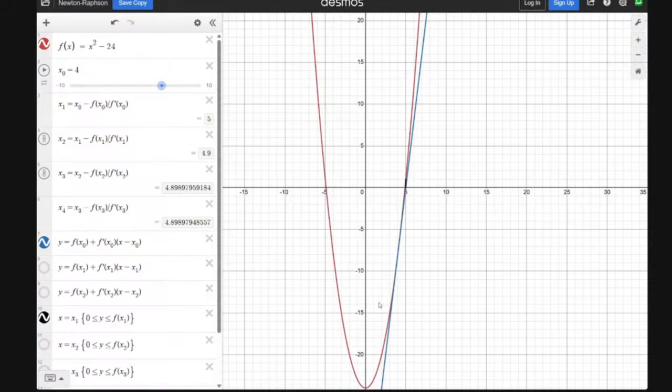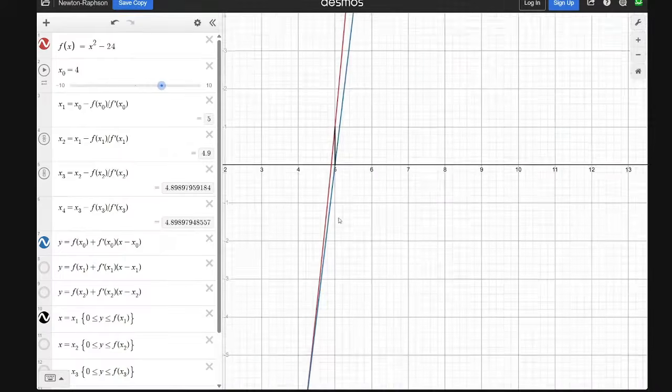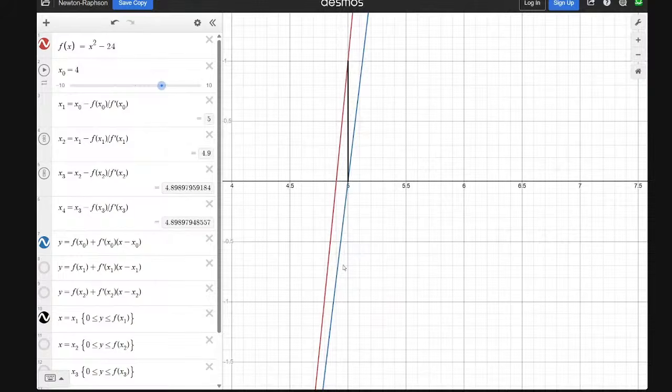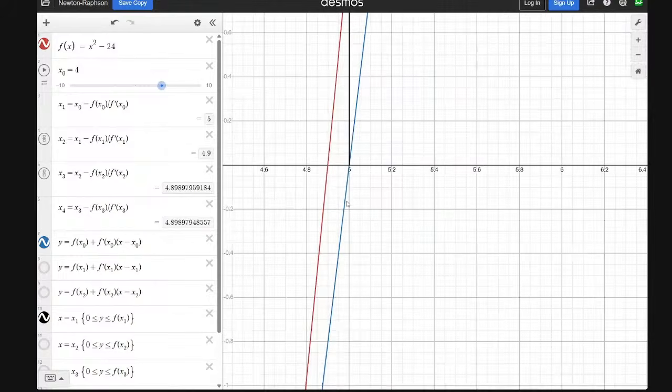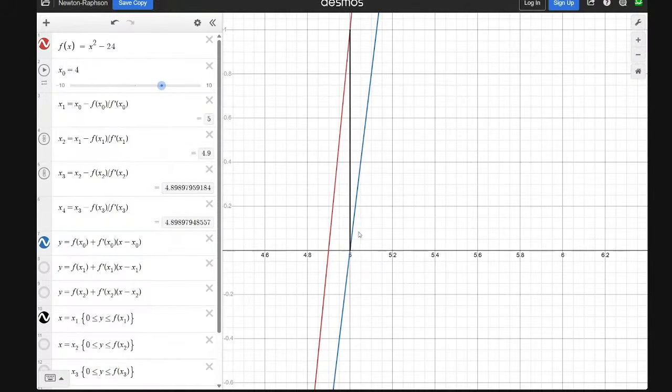So here this red colored curve represents the graph of the function f of x equal to x square minus 24. And since our initial guess is 4, we will be drawing a tangent at x equal to 4 to the curve x square minus 24. As you all can observe here, this tangent meets the x-axis at x equal to 5. This line x equal to 5 meets the curve of our function at the point 5 comma 1. So our value of x1 is 5.